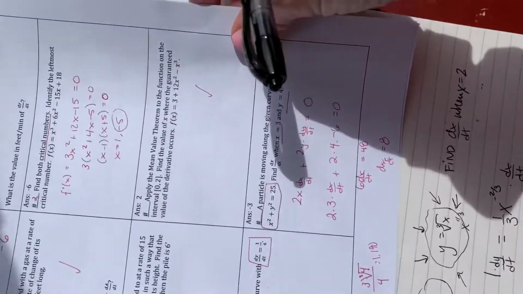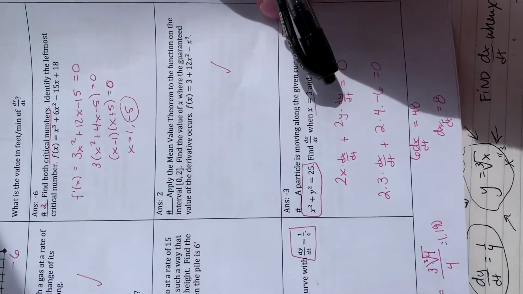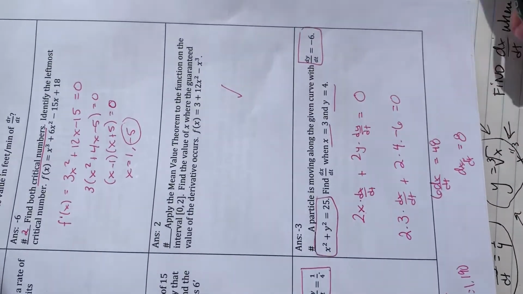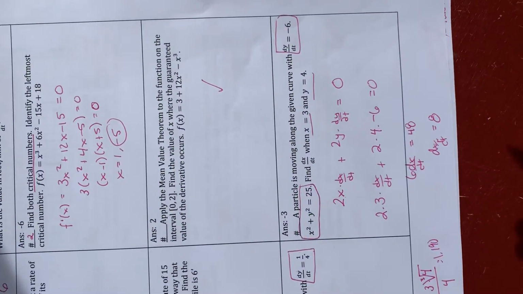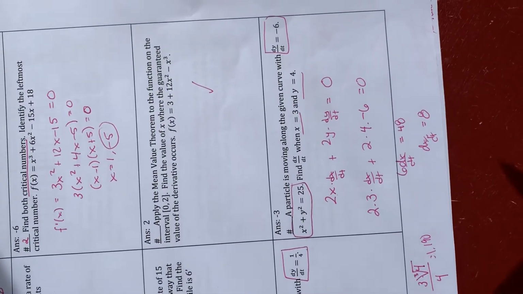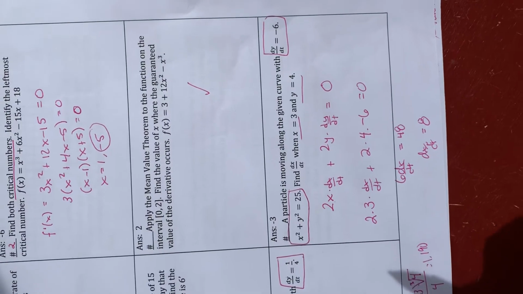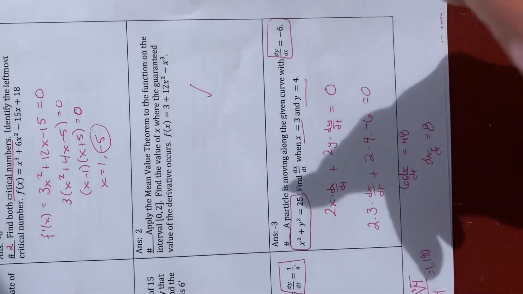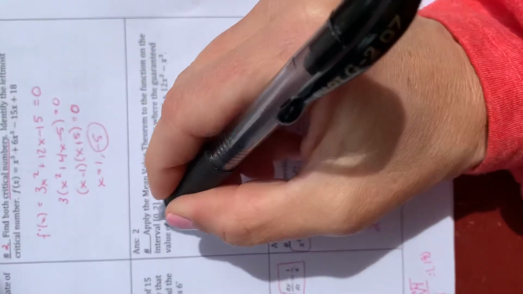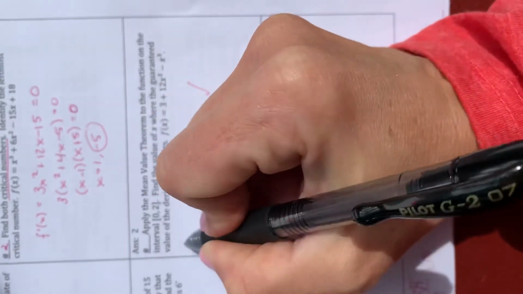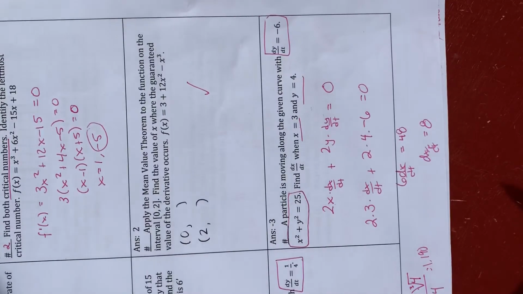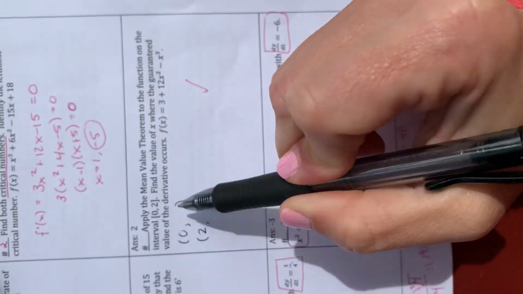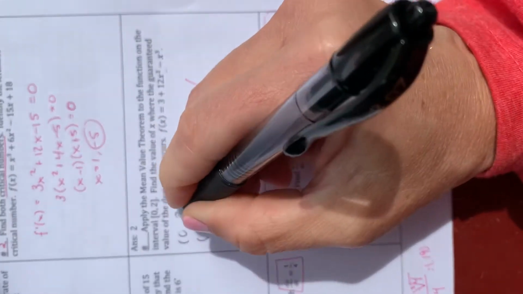So in that problem that I just showed you over here, apply the mean value theorem to the function on the interval 0, 2. Find the x value where the guaranteed value of the derivative occurs. So what they're asking you to do here is find the slope between not these 2 points. This is an interval. So we have 2 points, 0 comma something, 2 comma something. Find those 2 points. So plug 0 into the original and I get 3.